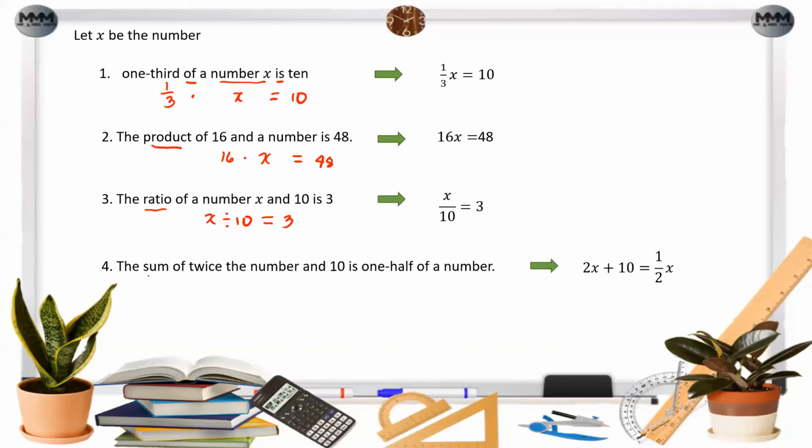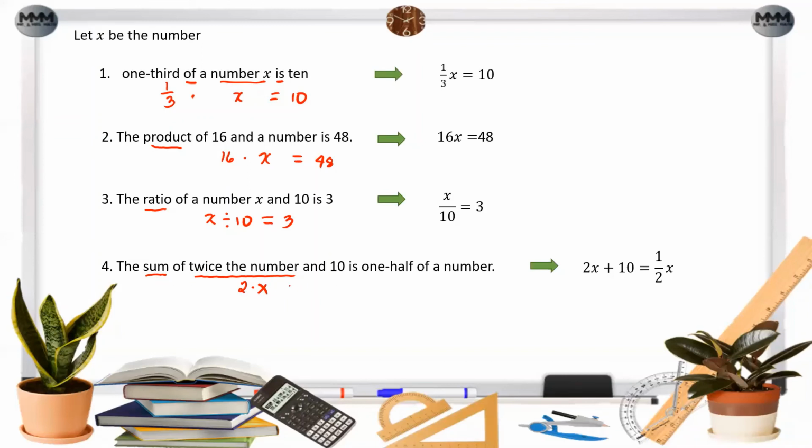So take note here for the phrase sum, we mean we add the numbers. So twice the number x means we multiply 2 to the number x. And then we add it to 10 because we are to find the sum.